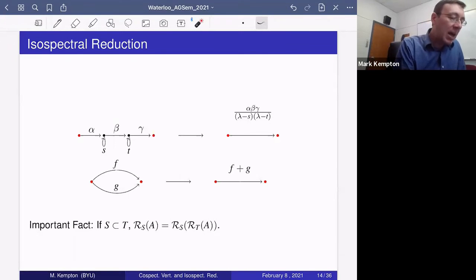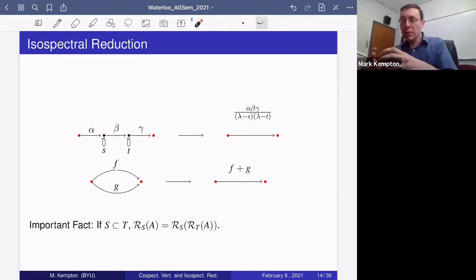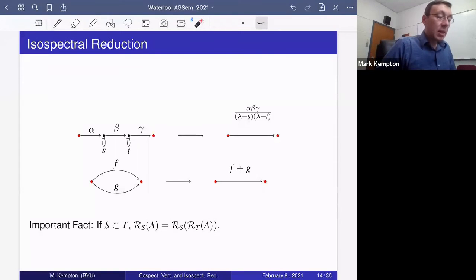So if I have a path between two vertices, and say this is my graph, and the red vertices here are vertices that I am reducing down to. They're vertices that belong to this subset S on which I'm doing the isospectral reduction.